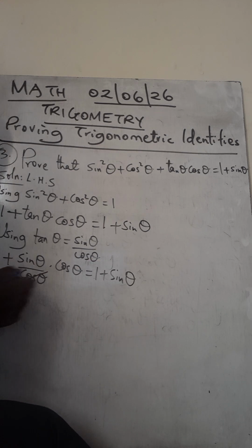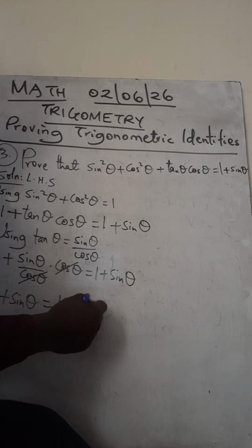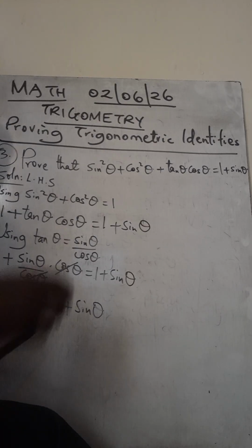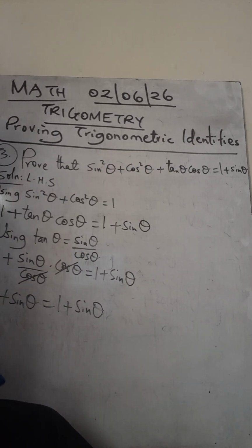So this one cancels out this. Now 1 plus sine of theta, this one and this equals to 1 plus sine of theta. Now they are equal. That's one of the ways of proving, use the left hand side of the equation.